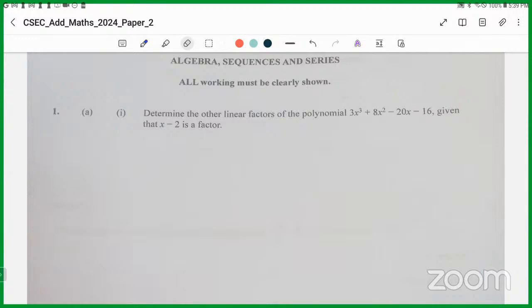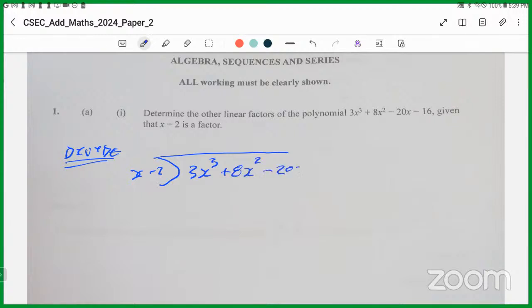So all we have to do is divide it by the linear factor. That's all we have to do. So we can do the long division. x minus 2 into 3x cubed plus 8x squared minus 20x minus 16.